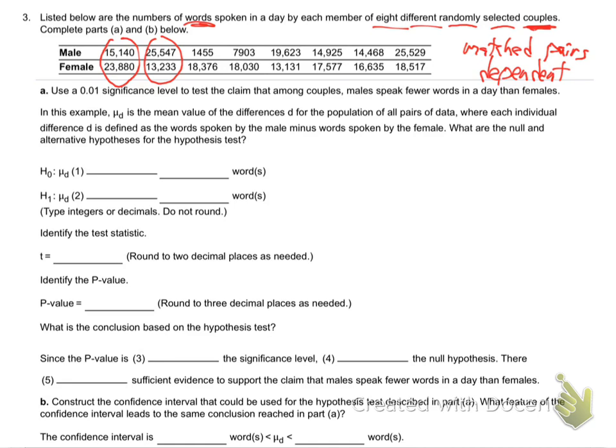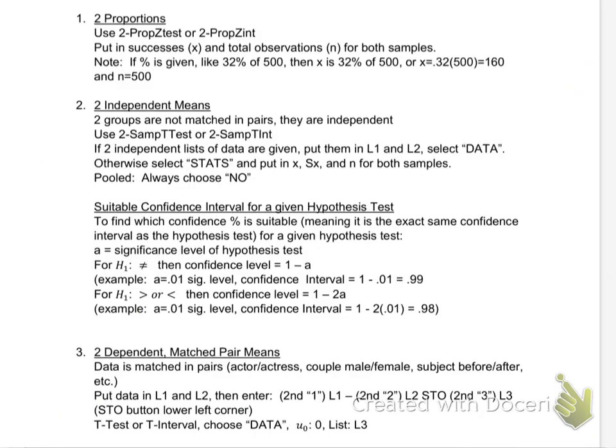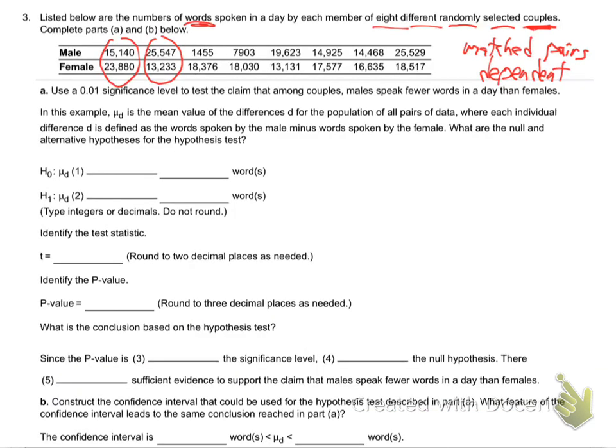So you know what to do from before. Let's go look at our exam 4 notes. Here it is. This is again exam 4 notes, and it says dependent matched pair means put the data in L1, L2, and then do the L1 minus L2 stored in L3 thing. So let's go there. So you put this data in L1, this data in L2. Remember how to do that.